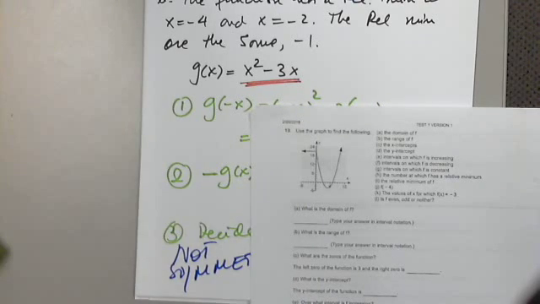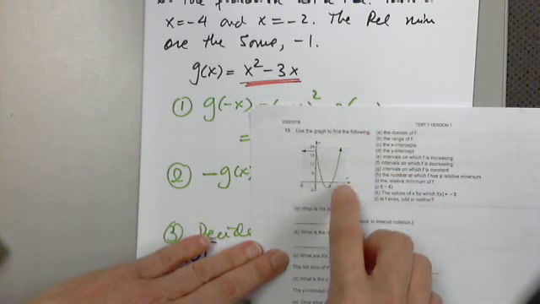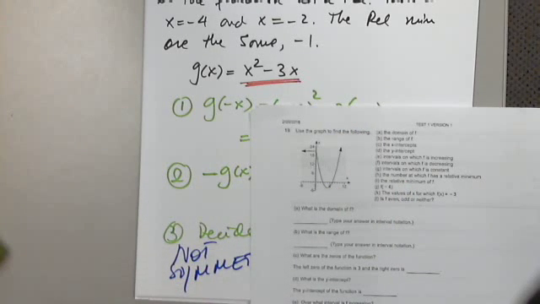Okay, first question, domain. Do we agree with all your numbers? Yes? Good. Range, please. So -4 to infinity. Please write the range, -4 to infinity.